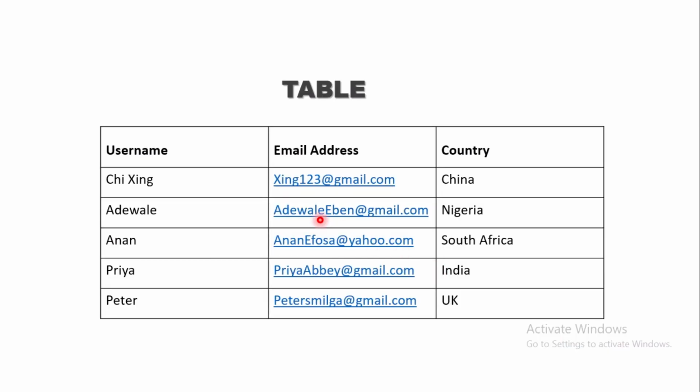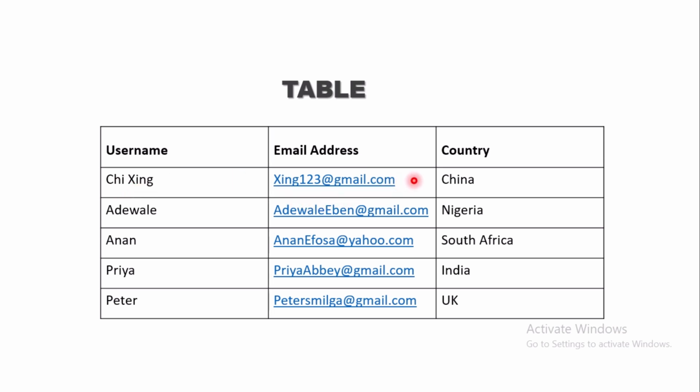So that's it. We have a table with username, email address, and country. Let's say these are my friends or subscribers from different parts of the world. We have Chixin. Sorry, I'm not Chinese, so I might not pronounce this name properly.